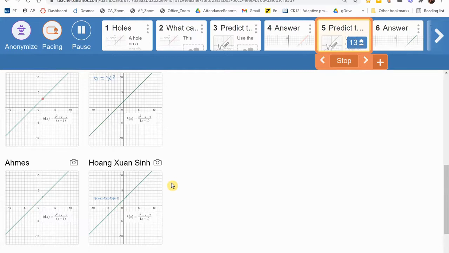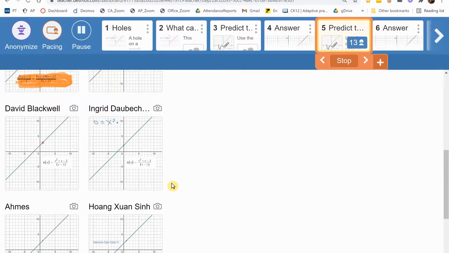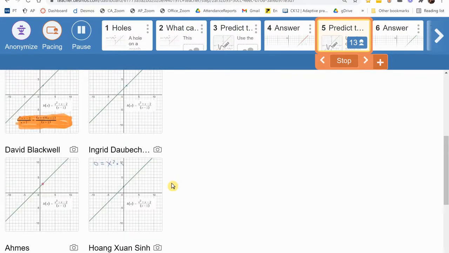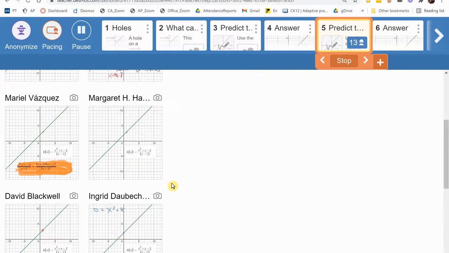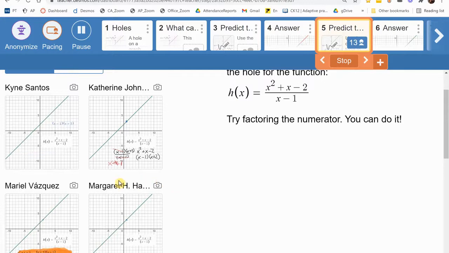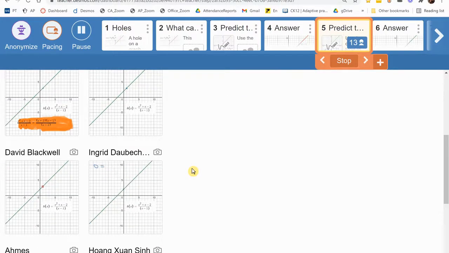We have to do the top. Good, good. If x cannot equal 1, very good.